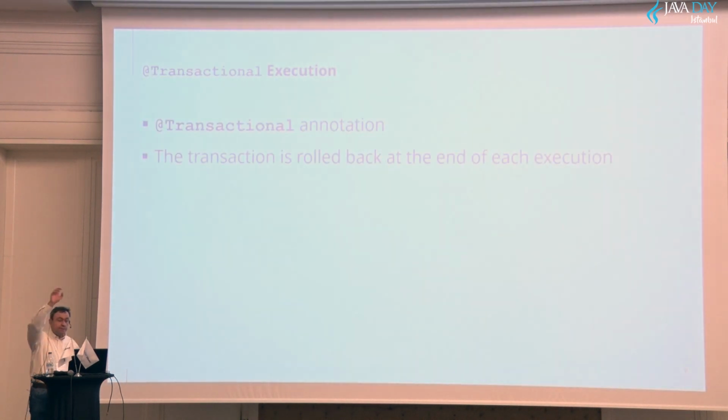one other alternative is to use this Transactional annotation. What are we talking about here? We are testing our application. Our application tries to integrate with the database. If at the end of the execution of a test, we make sure that everything is rolled back, it will mean that we are leaving our database in its previous state.